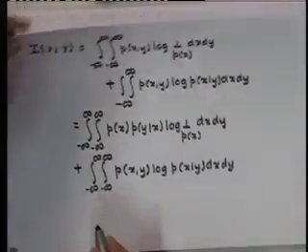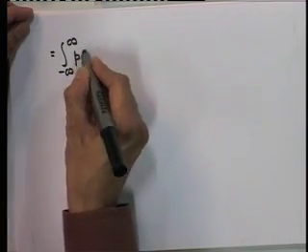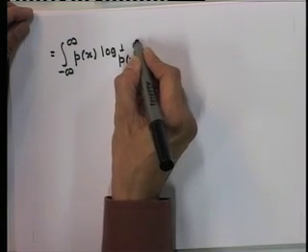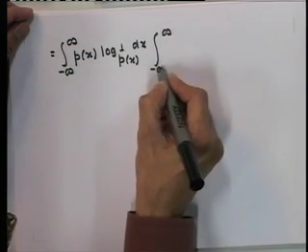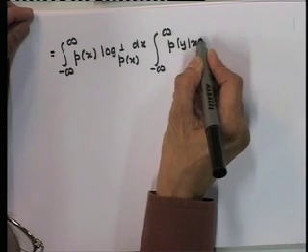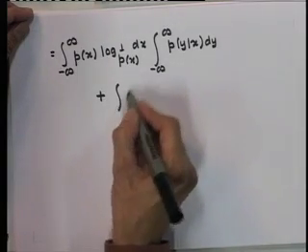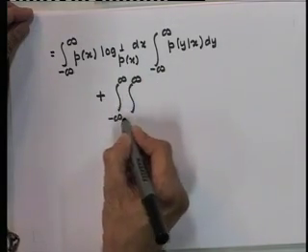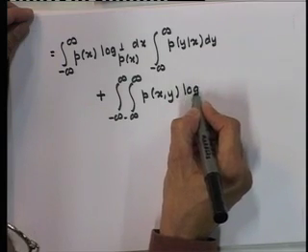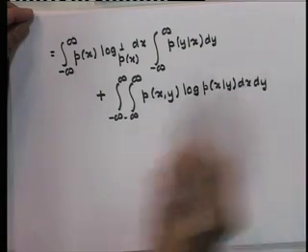This can be further simplified as integral of p x log 1 by p x dx multiplied by integral from minus infinity to infinity of the conditional PDF of y given x, plus double integral of joint PDF p x y log of conditional PDF x given y dx dy.